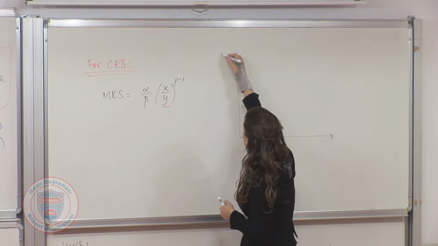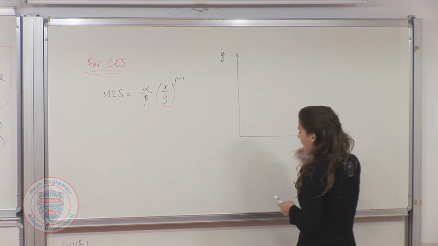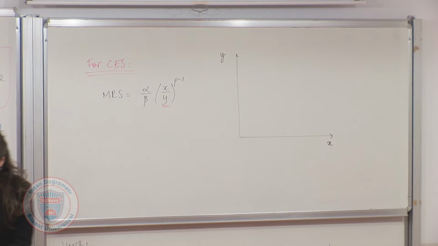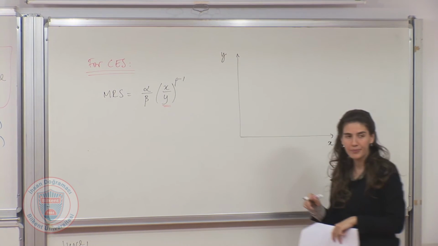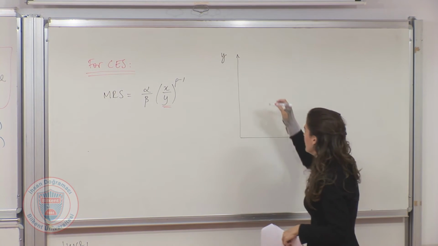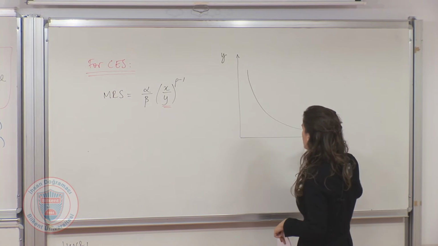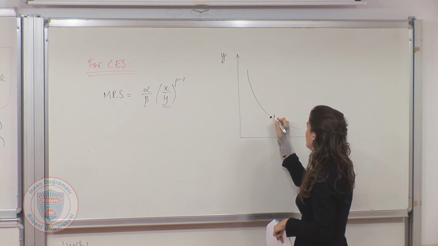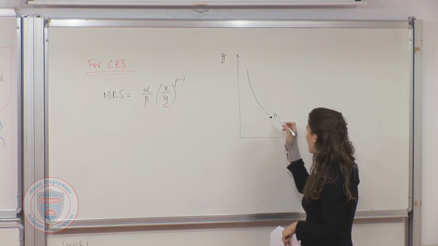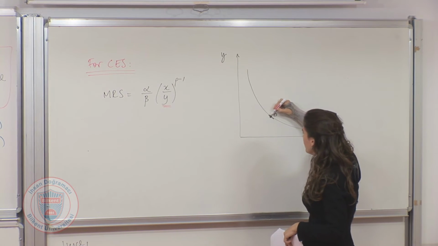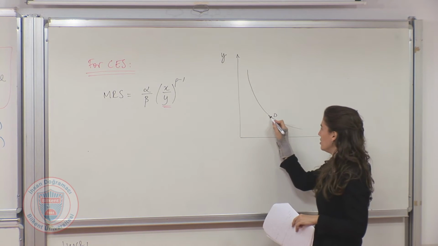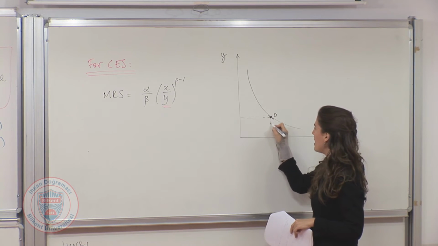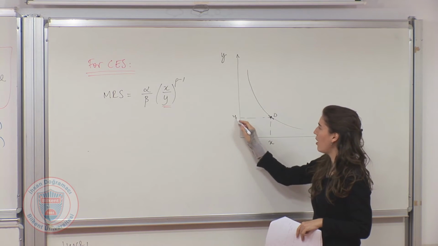I have y and x here, okay? And then being homothetic tells me the following. Suppose I have my indifference curve and I have point D, okay? So it says that the marginal rate of substitution at this point D only depends on the ratio of x and y at that point, okay?